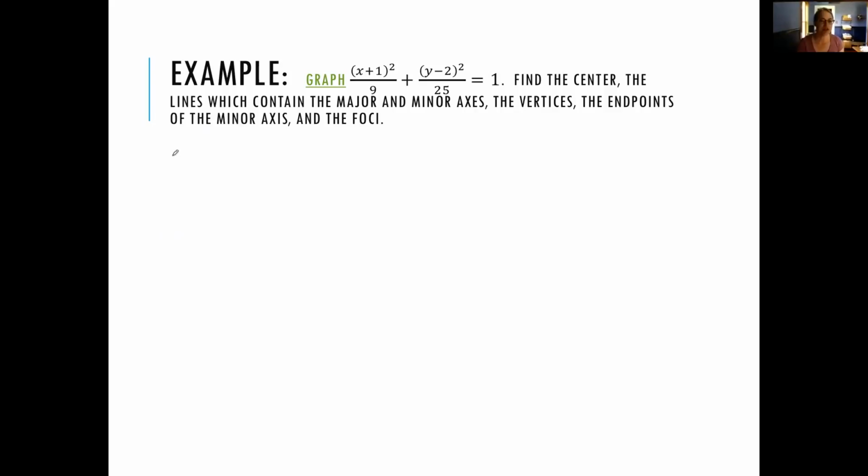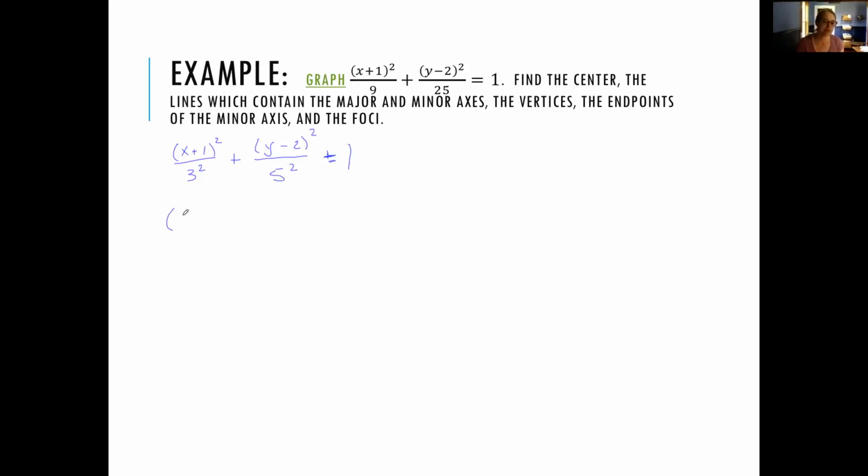(x + 1) squared divided by 9, which I'm going to write as 3 squared, plus (y - 2) squared divided by 25, which I'm going to write as 5 squared, equals 1.